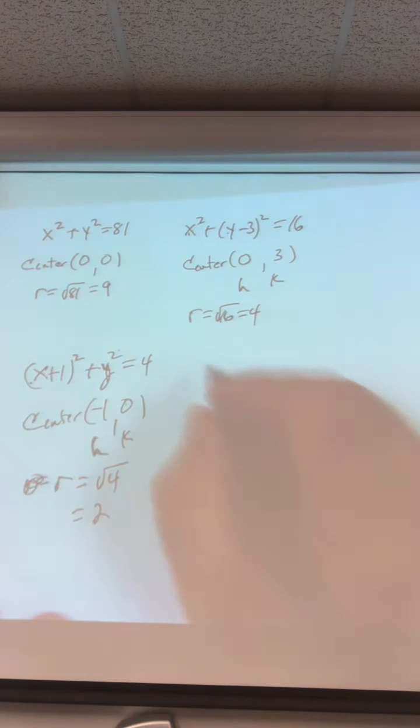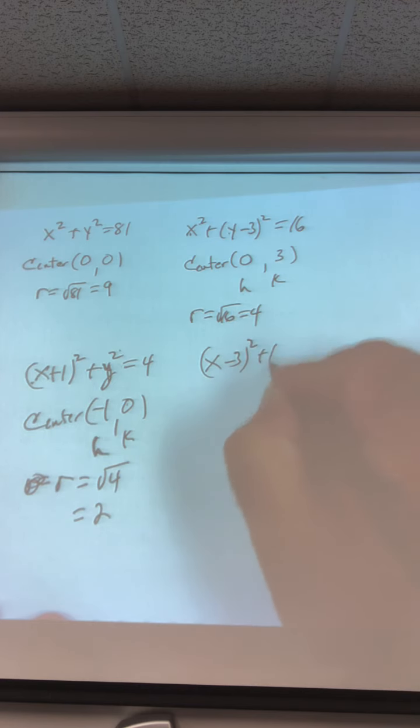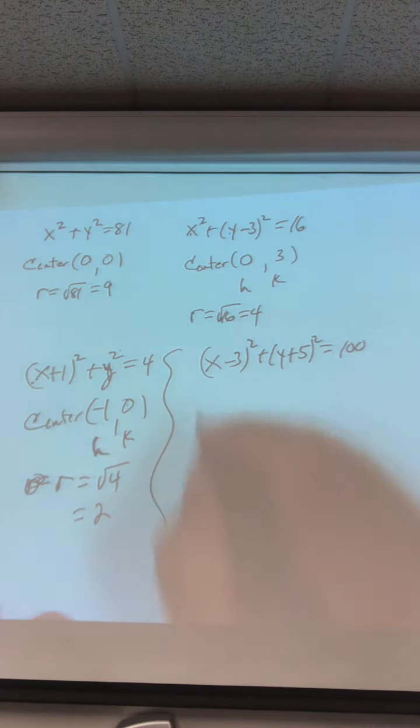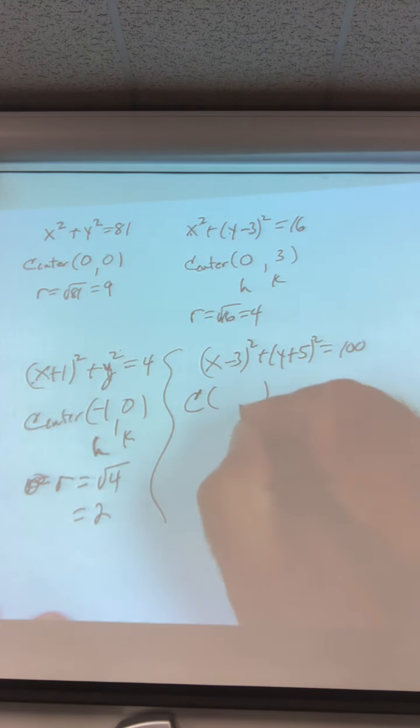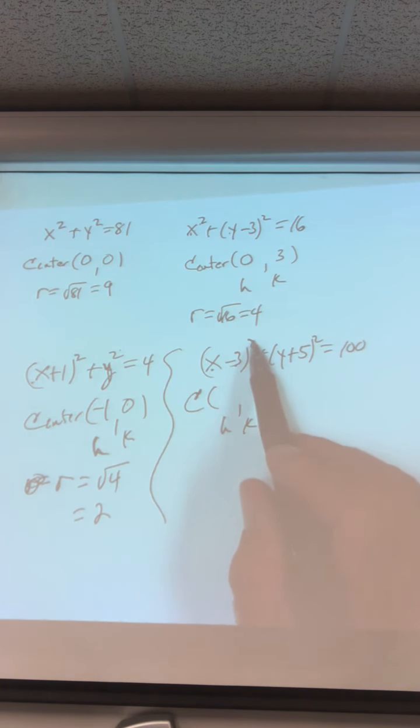One more example here. Center: h, comma, k. All right, what's h? It's the opposite of what's behind the x, but in front of the square.